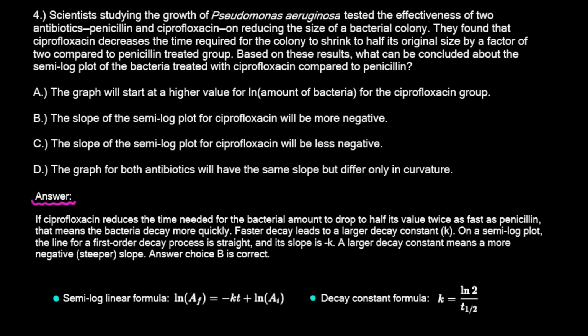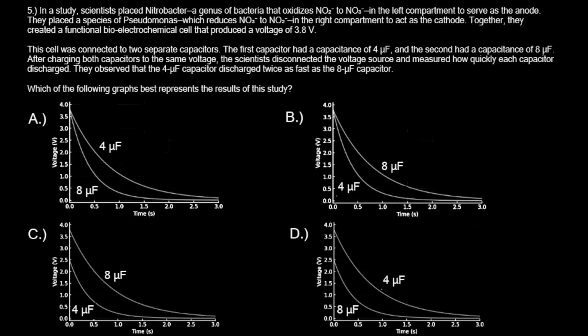Question number 5. This is a much longer question, and question number 5 reads, in a study, scientists placed Nitrobacter, a genus of bacteria that oxidizes NO2 minus to NO3 minus in the left compartment to serve as the anode. They placed a species of Pseudomonas which reduces NO3 minus to NO2 minus in the right compartment to act as the cathode.